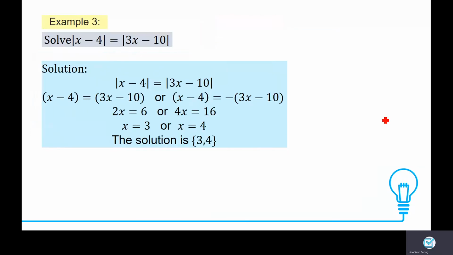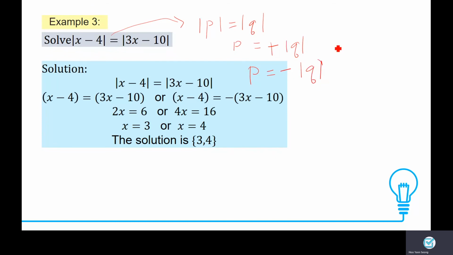Now, what happens if you have absolute values on both sides? Let's say we have absolute p equals absolute q. By definition, p will be equal to the positive absolute q, and the second case is p equals negative absolute q.